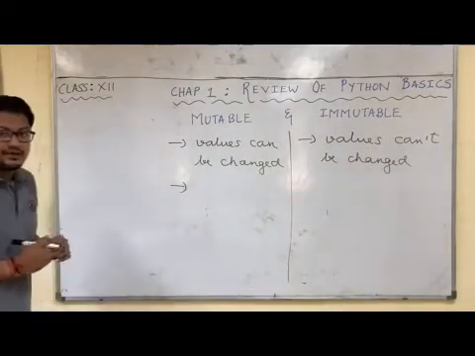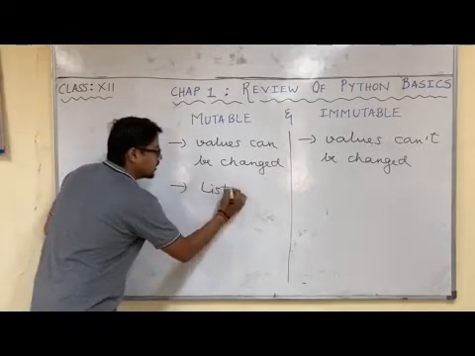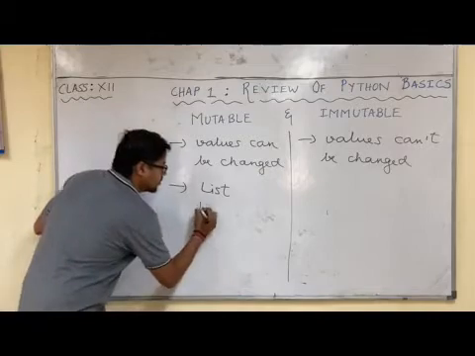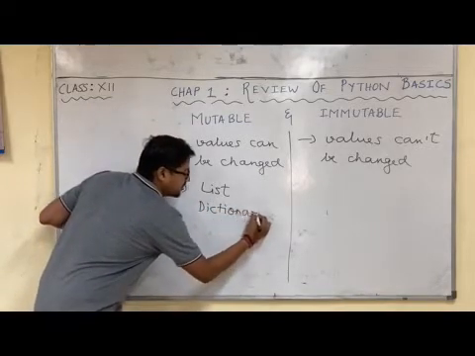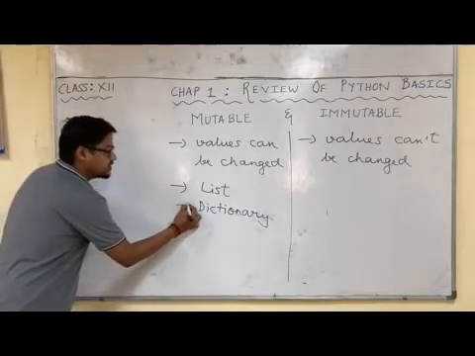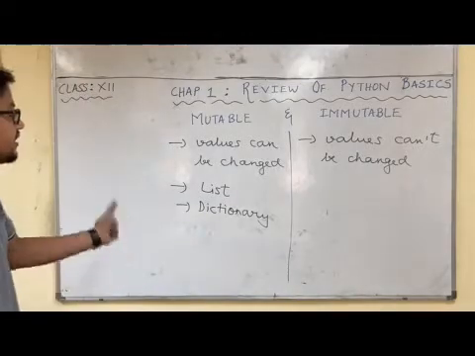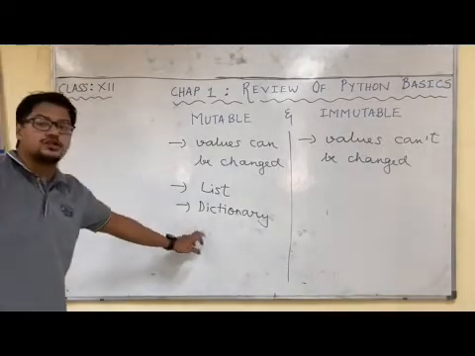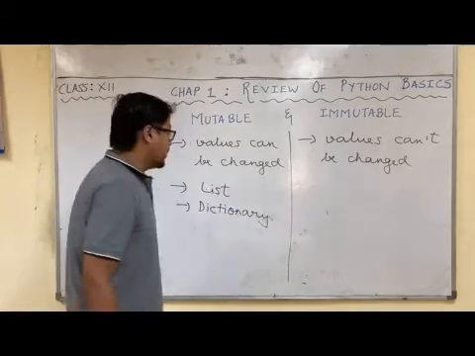Mutable and immutable had certain examples. In mutable types, the major examples were list, dictionary. If you remember well, once we were creating a list, we were able to change its individual elements. Once we were assigning a dictionary with key and values, we were able to change the value of any given key in a dictionary. Now there are certain immutable types also.